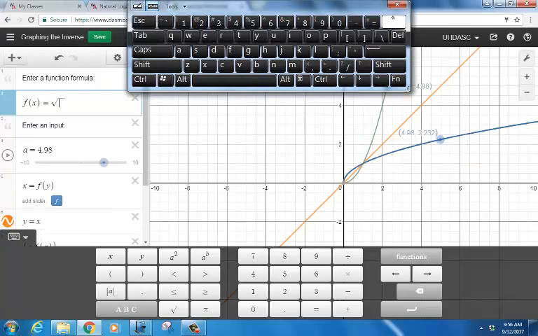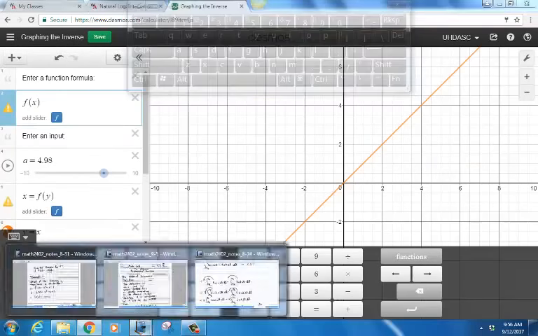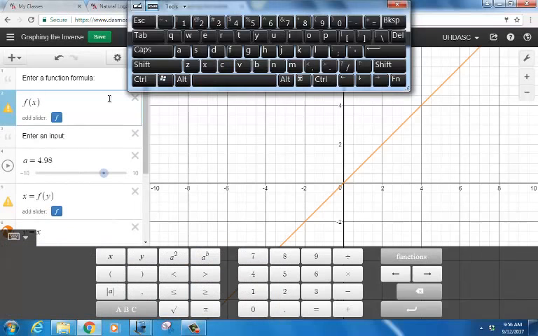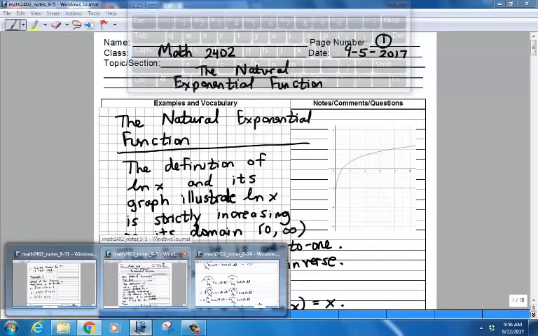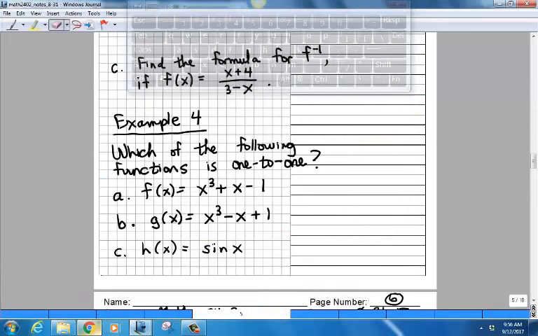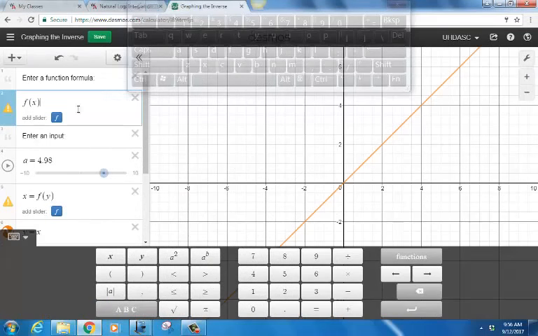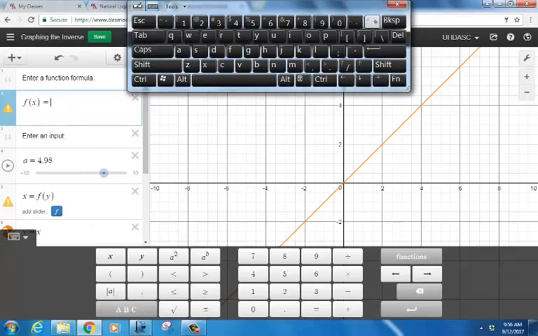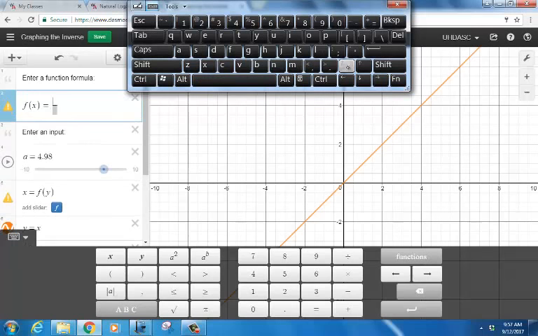I forgot what it was. X plus 4 over 3 minus x. All right, so let's put that in Desmos, if I can get back there. X plus 4 over 3 minus x.